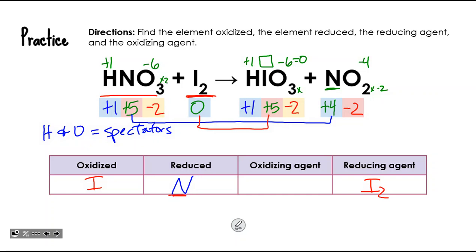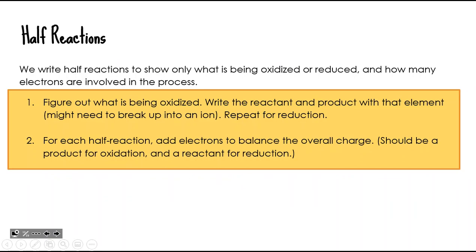The reactant with the reduced nitrogen is going to be the oxidizing agent. So the nitrogen in nitric acid is causing the oxidation of the iodine, and I2 is causing the reduction of the nitrogen there.